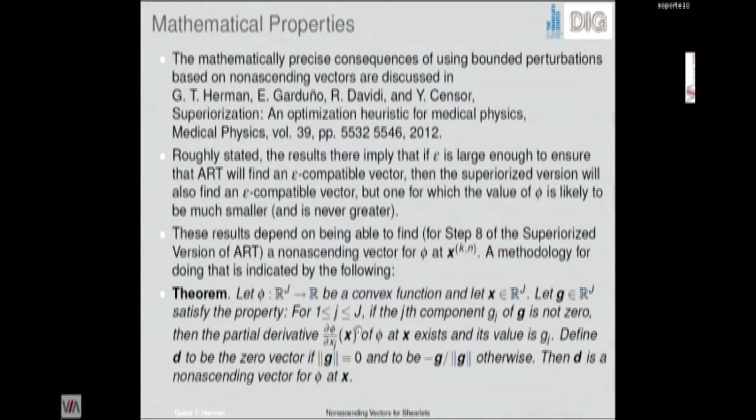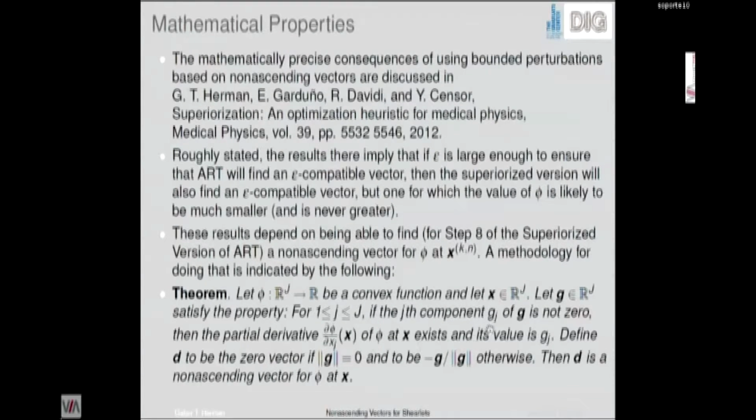So if the jth components are not zero, then I know the partial derivative of phi for that component. I don't say anything about the partial derivatives of phi for components where g is zero. They may not even exist.